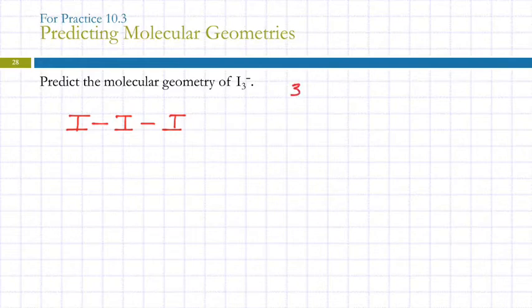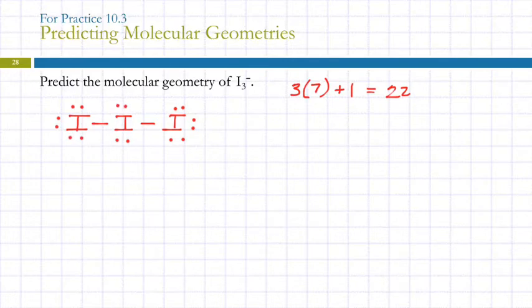Well, there are 3 iodines. They each have 7 valence electrons, and the negative means we have to add 1, right? So 22 electrons. We've got 2, 4, 6, 8, 10, 12, 14, 16, 18, 20.